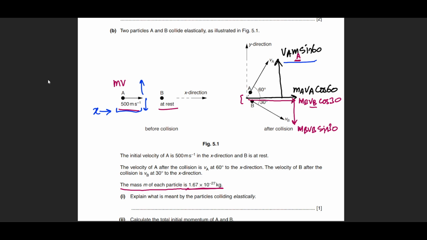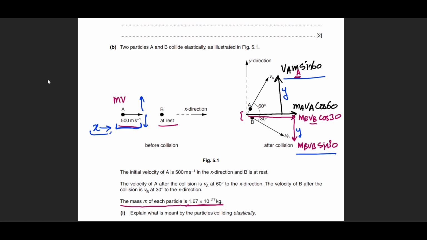So the y-axis factors should either be exactly equal or adding them together should give me a zero answer, because momentum along the y-axis should not exist since it was not introduced in the system. The only introduction of momentum was along the x-axis. So the y-axis components should either cancel out or be equal.